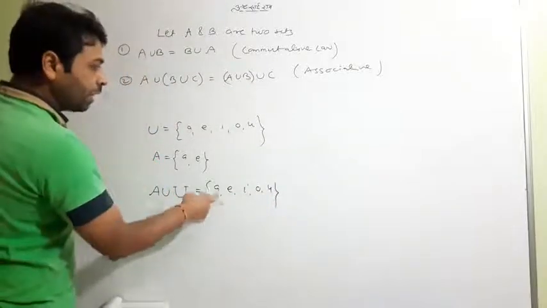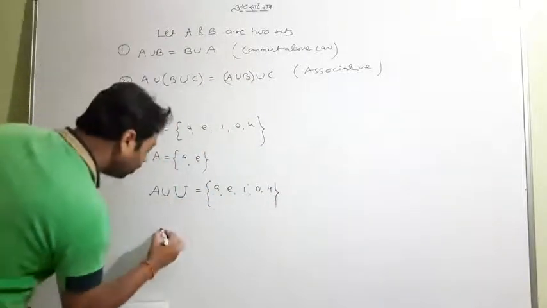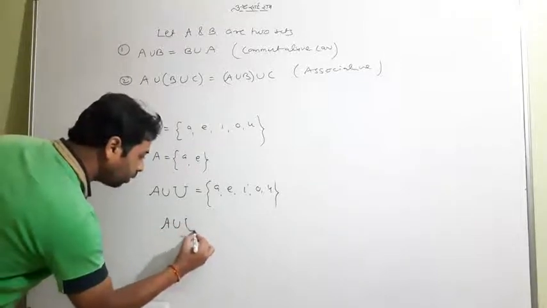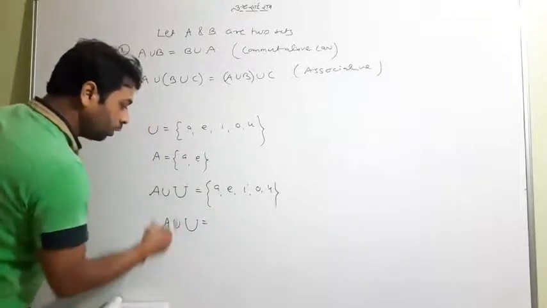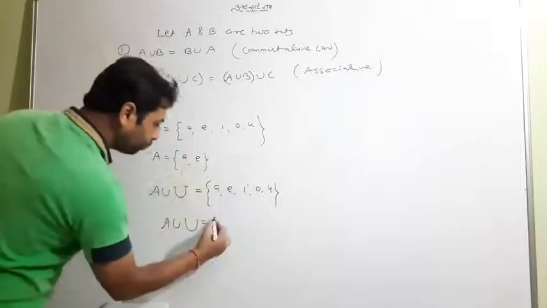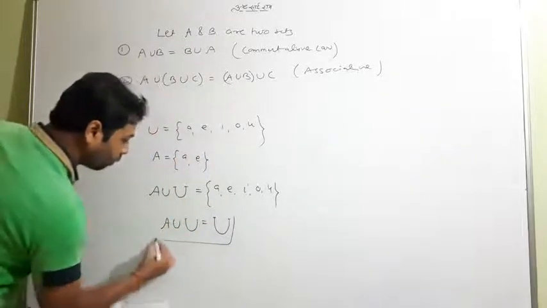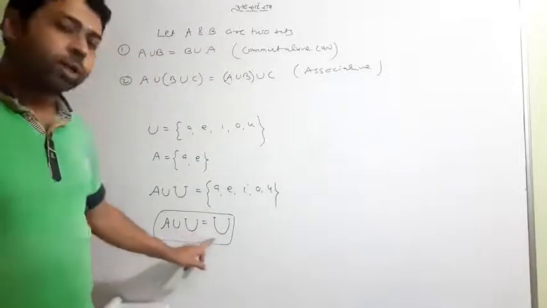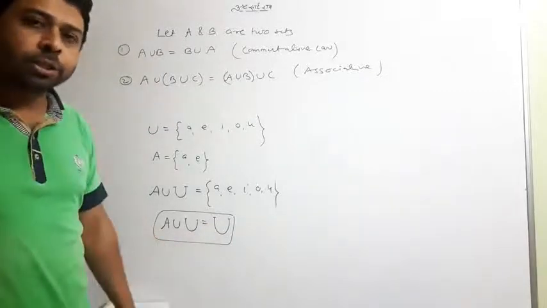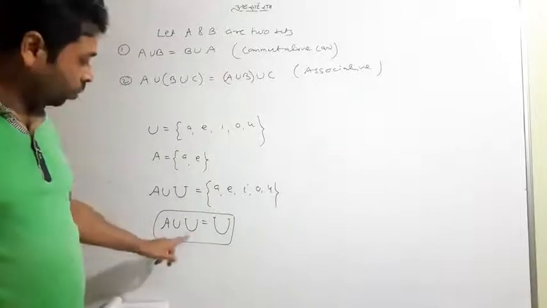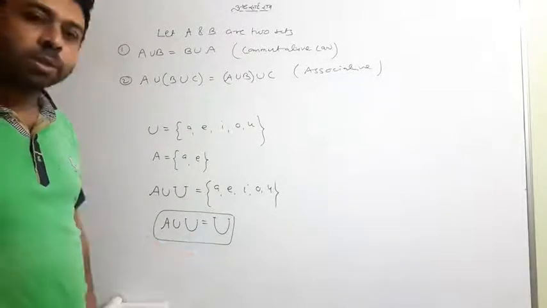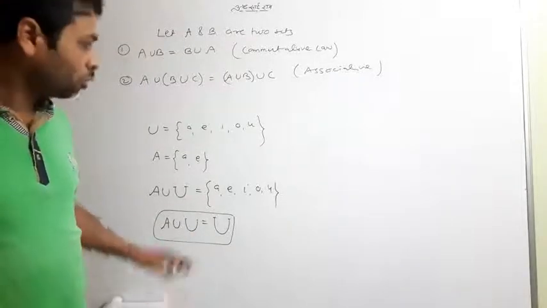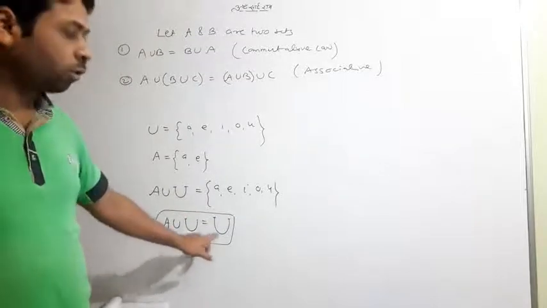What you feel is that this is none else, it is U. Meaning A union U is equal to U. So A union universal set equals universal set. Very simple. And definitely, why not? Because U is a big set, so the big set always comes here. Keep in mind that A union universal set equals universal set.